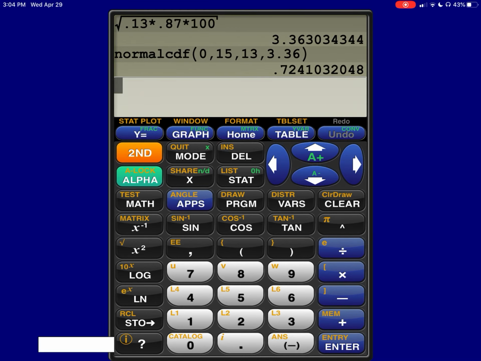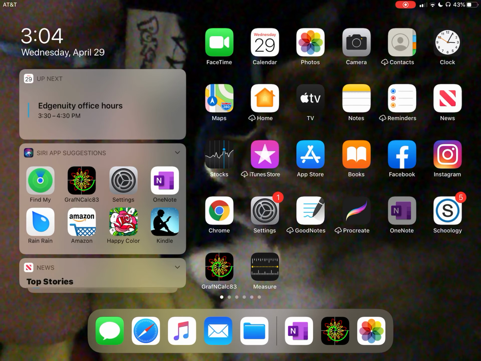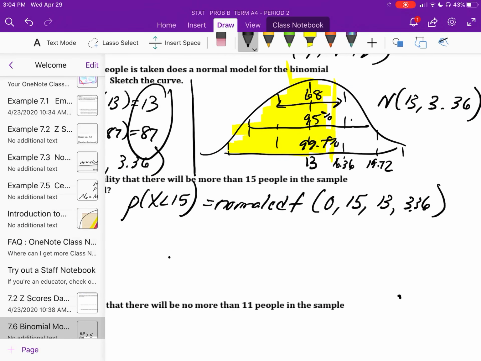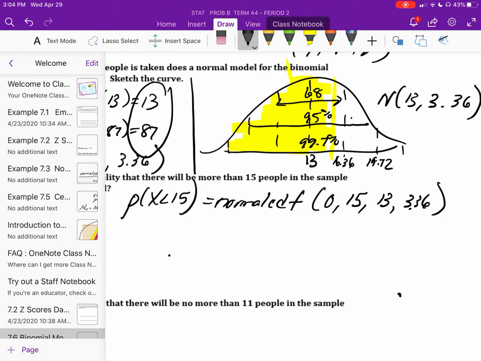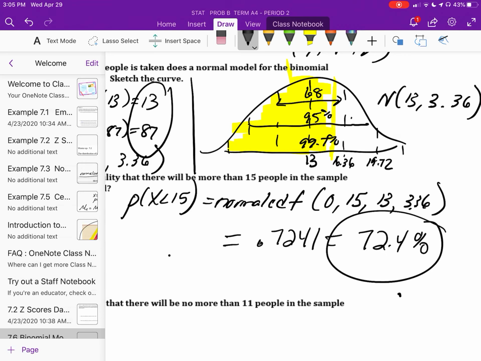And so my probability of there being no more than 15 people in the class is 0.724, which is a 72.4% chance of that happening. Okay, that there be no more than 15 people in the class.